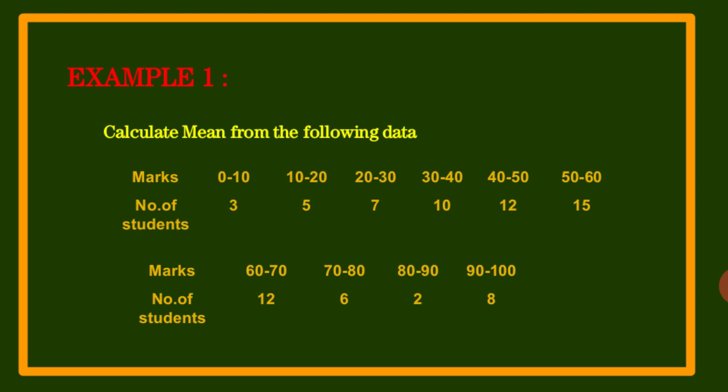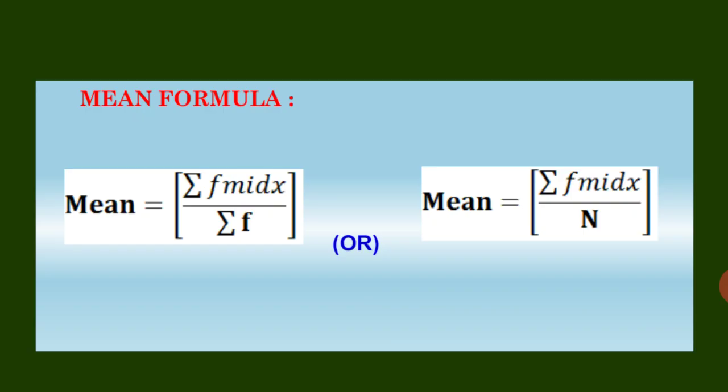So I am going directly to the solution of how to calculate the mean from the given data. This is your mean formula for continuous case series: mean equals summation of f into mid x divided by summation of f.